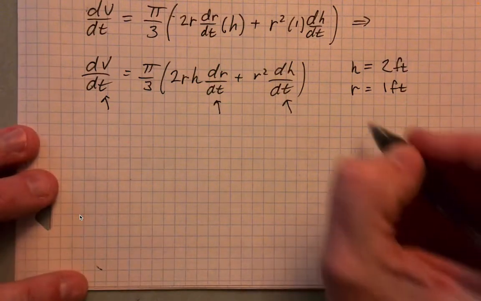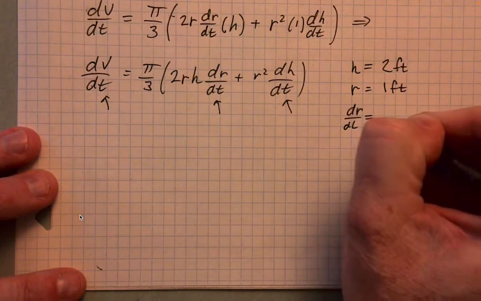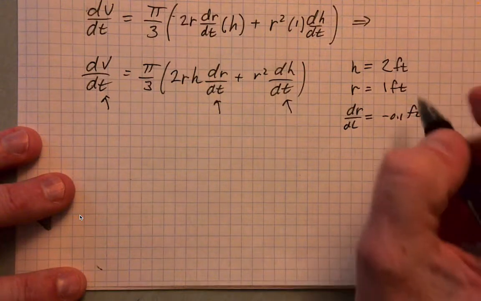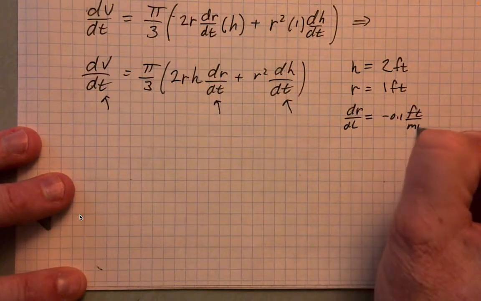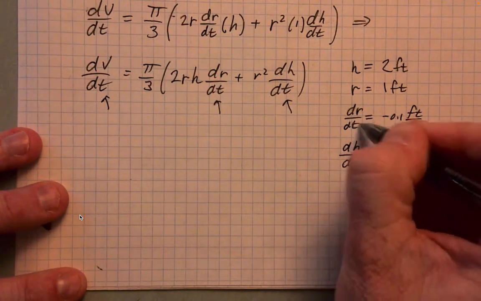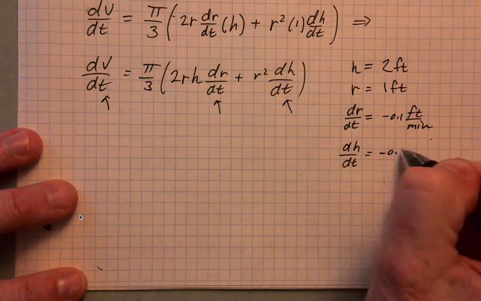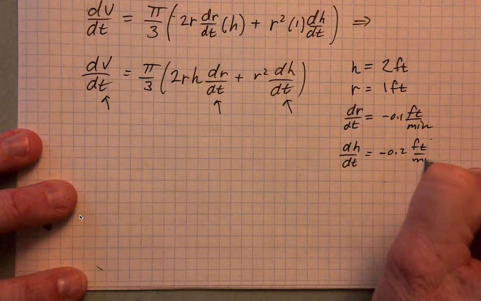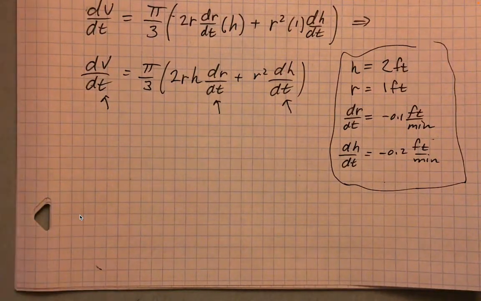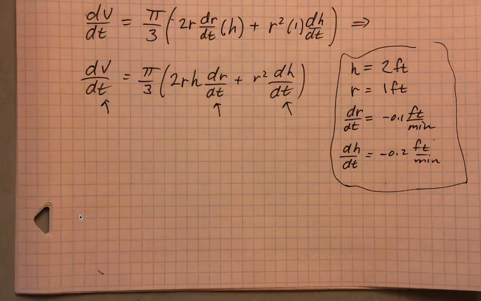So let's say dr/dt is negative 0.1, and these will have to have units on it, feet per minute. And then dh/dt, maybe the height is changing a little bit faster, negative 0.2 feet per minute. So here's some initial information, and from this we could calculate the change in the volume.